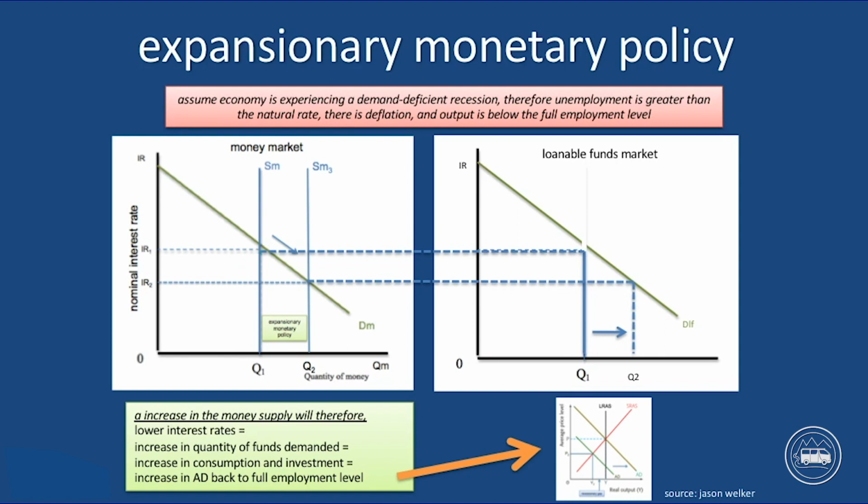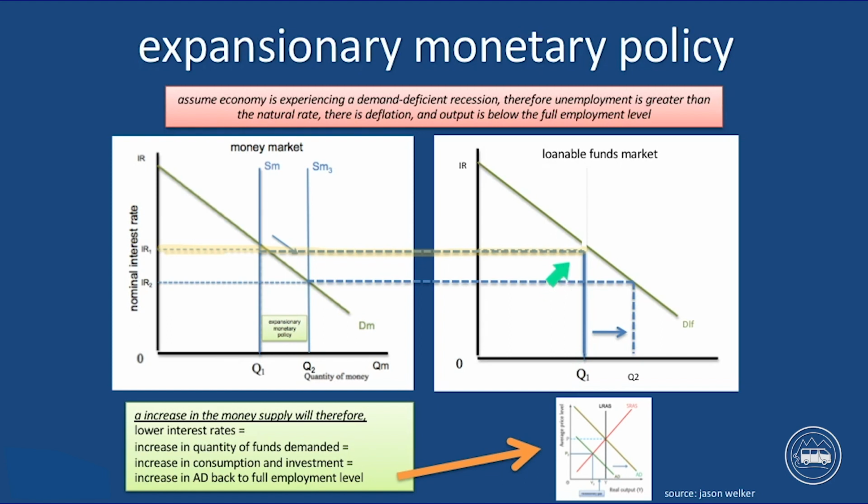Therefore, the interest rate was IR1, and that transfers over to the loanable funds market, a fancy way of saying the market for borrowing money, of all kinds of money, but borrowing money.